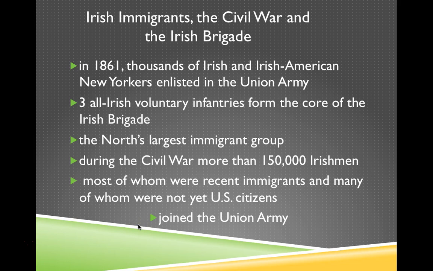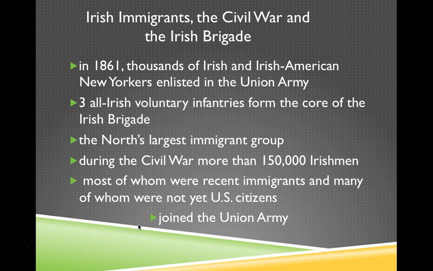In terms of the impact of the Irish immigrants turned Irish American in the Civil War, we have the Irish Brigade. Now, the Irish actually were not anti-slavery. In fact, it was very difficult often for some Irish Americans to participate in the Army of the North.